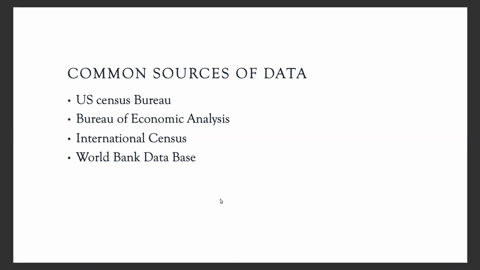Then you have sources for international census, where you can find population and demographics of different countries, their characteristics, but that might not be as detailed as census data of a particular country. For example, it may not have the same standard of data collection as the US Census Bureau.